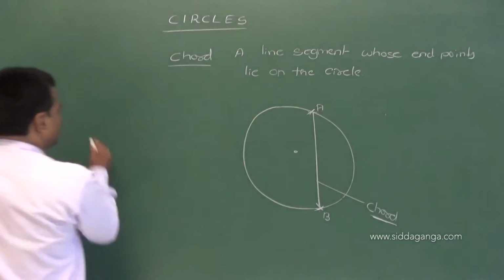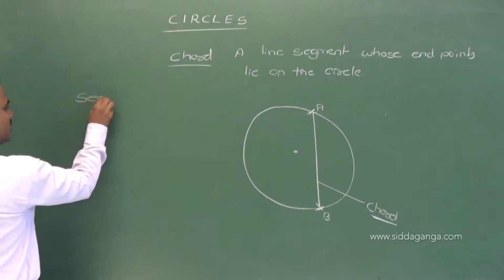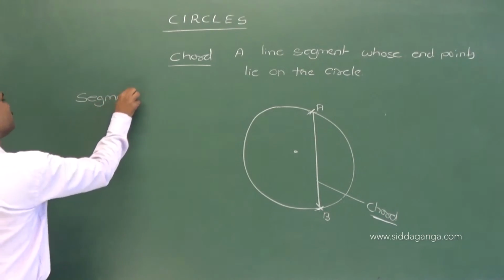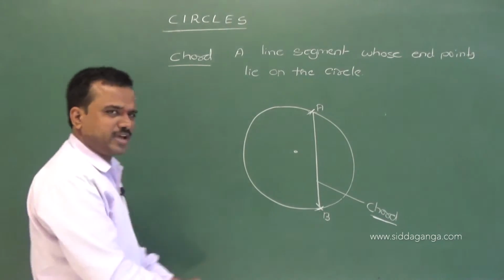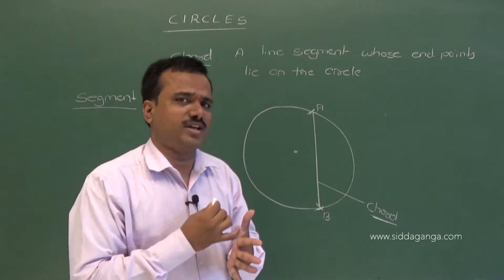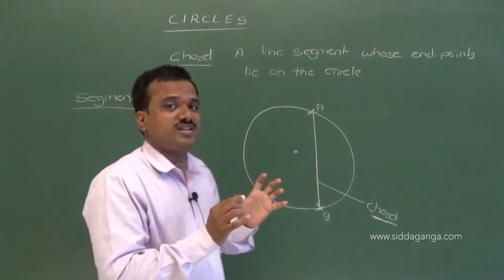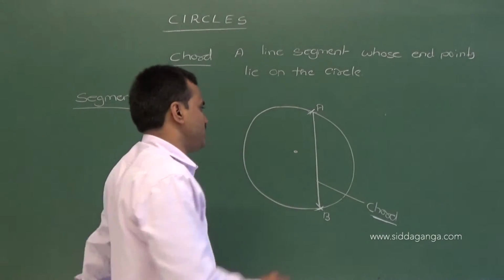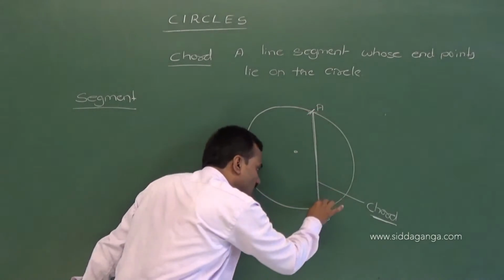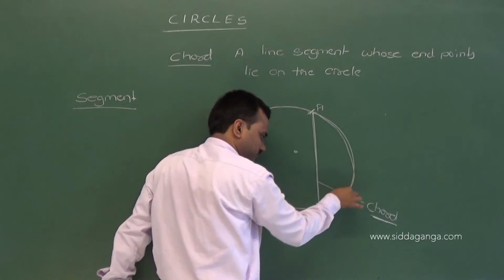After knowing chord, one more concept you already know, segment. Major segment, minor segment, correct? Segment means the region bounded by the chord and an arc.